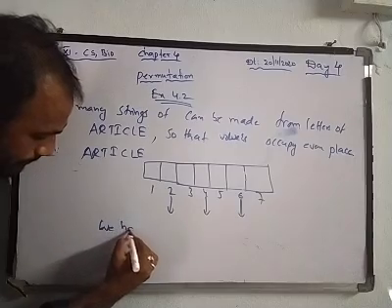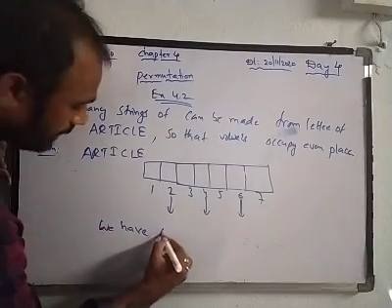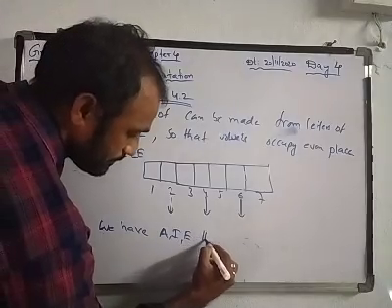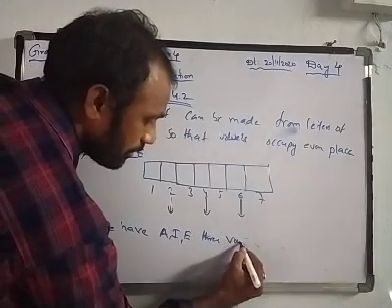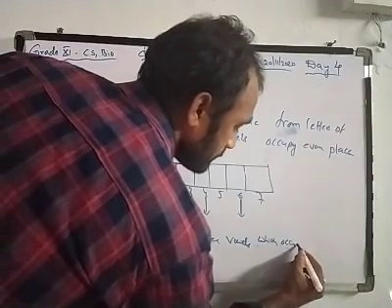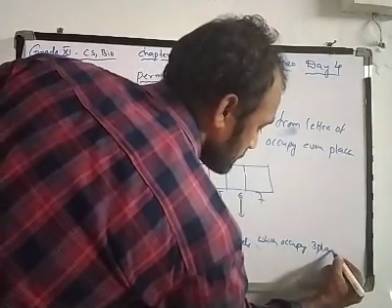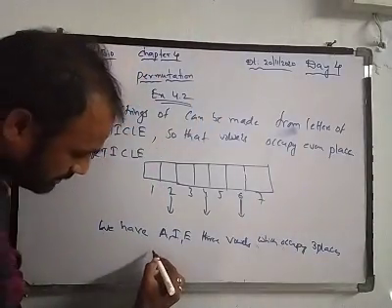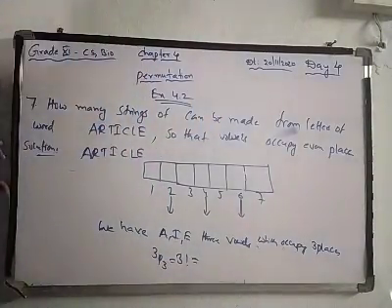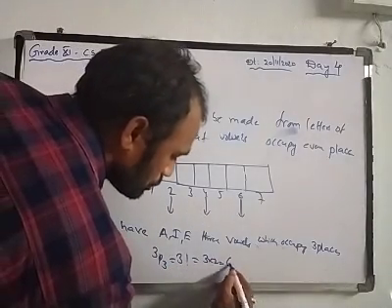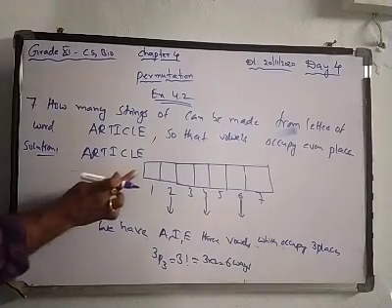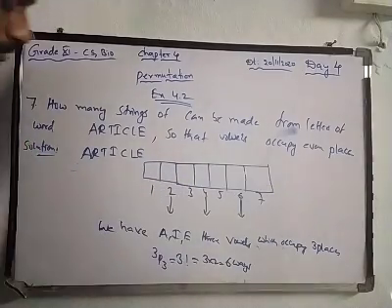We have A, I, E, 3 vowels, which occupy 3 places. So it is 3P3, or else 3 factorial, that is 3 into 2, totally 6 ways. Vowels can occupy in 6 ways. So the remaining are places 1, 3, 5, 7.